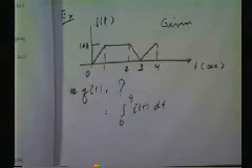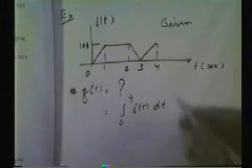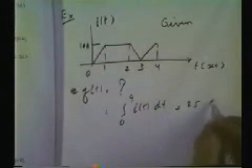I have 25. Oh, okay. We have to go faster than this. Well, the answer is 25 coulomb.